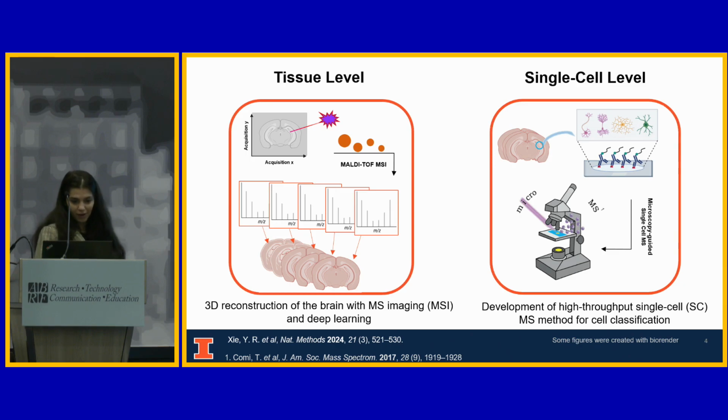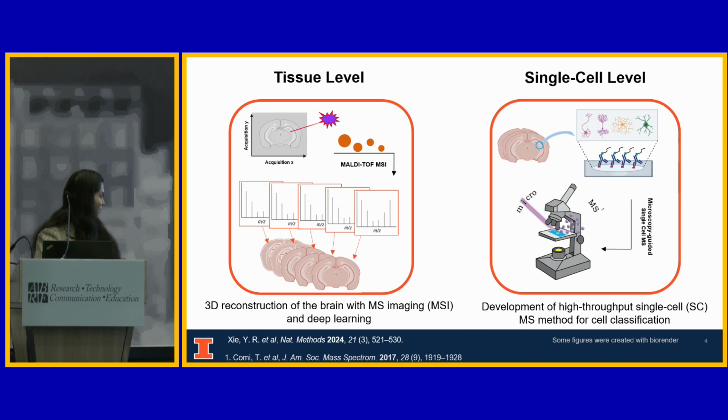Okay, so in our lab, we utilize this mass spectrometry imaging, and we have developed a variety of different techniques to look at single cells, so single cell level imaging with a platform called micro-MS, which stands for microscopy guided mass spectrometry. And there has also been a lot of computational and deep learning development in our lab.